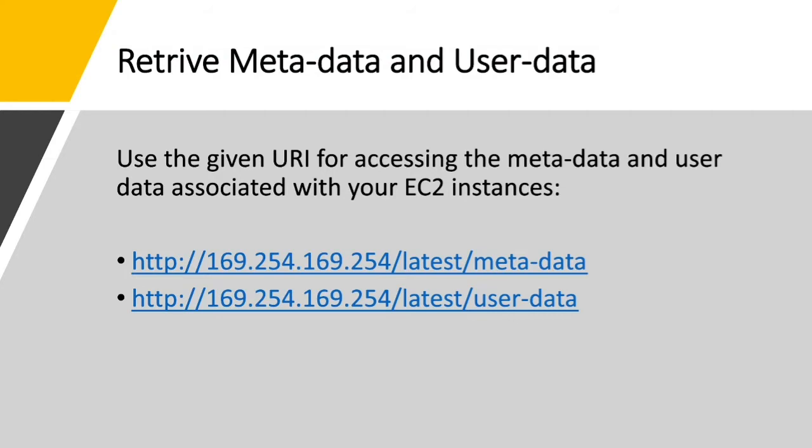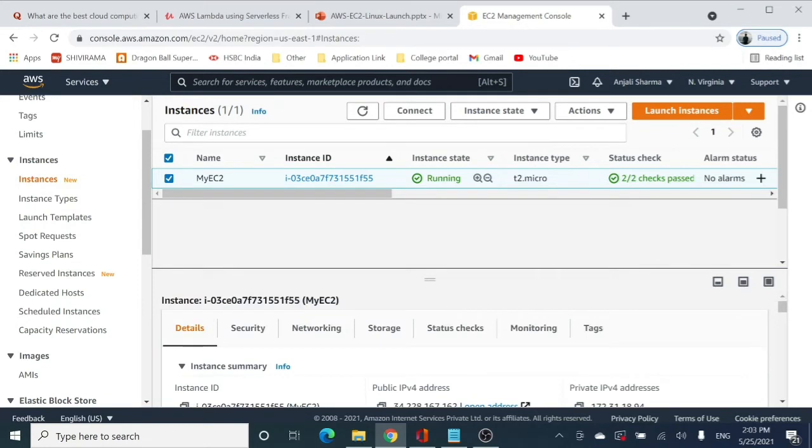Right, so without wasting any time, let us go to our AWS management console and see the metadata and the user data associated with our EC2 instance. Here I am in my EC2 dashboard, and you can see that I have one instance running named my EC2.